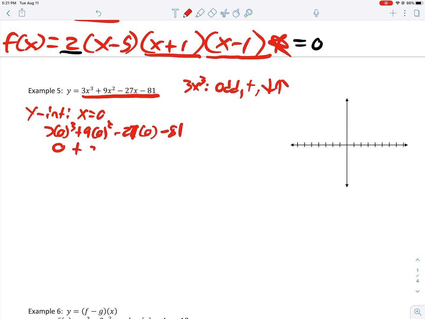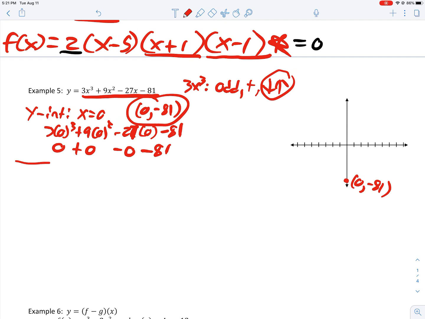So 0 plus 0 minus 0 minus 81. So your y-intercept is (0, negative 81). So now you have the end behavior and the y-intercept. So now all we need is the x-intercepts. So we're going to let y equal 0.